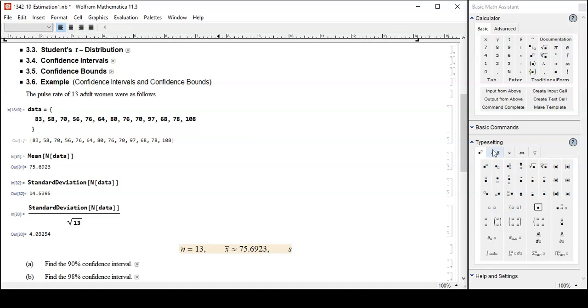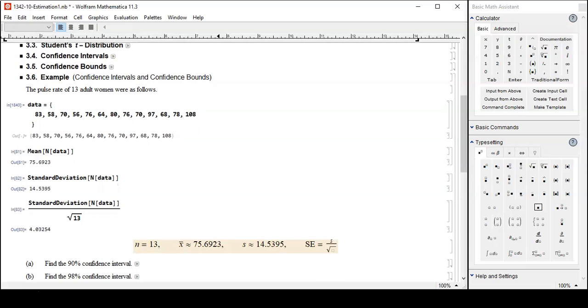And then the standard deviation is approximately equal to this. And SE is S over the square root of n, and that's approximately equal to this.